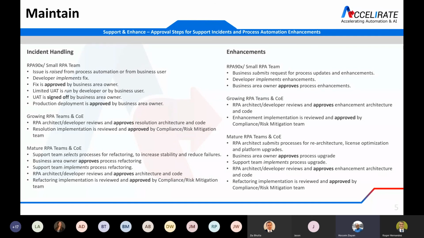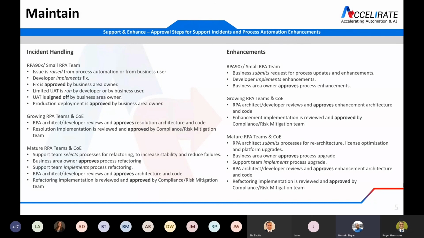One of the reasons may be stability or scaling. So they made some changes to it, and that needs to be approved by the business owner and architecture. There is also a case where maybe because of efficiency or other changes that a third-party application is doing, the process is refactored. This also needs to go through the same approval by the architect and business owner, and also be approved by the compliance risk mitigation.